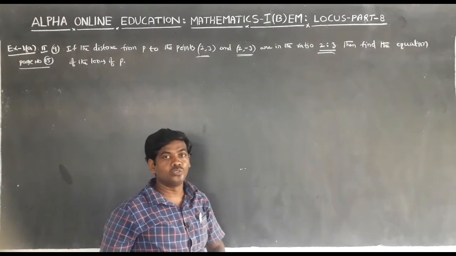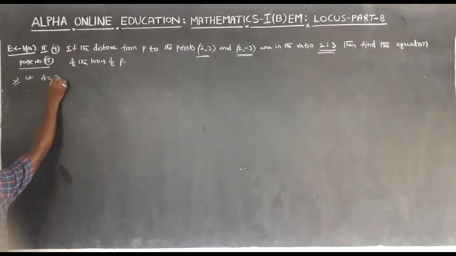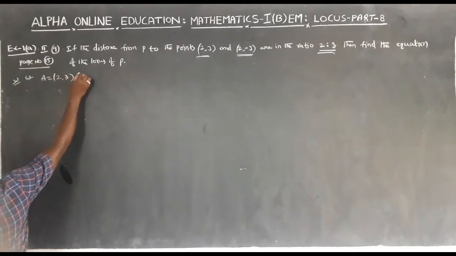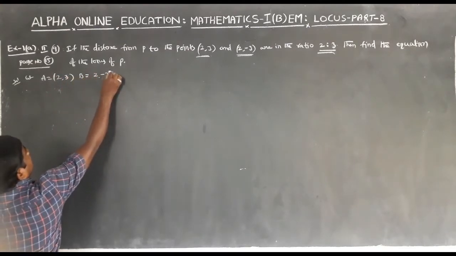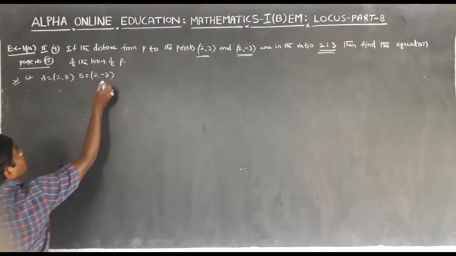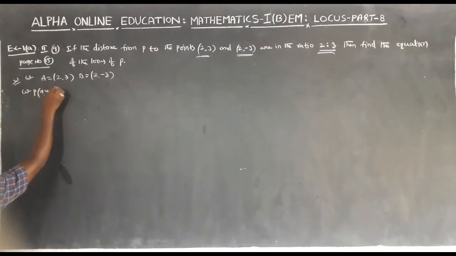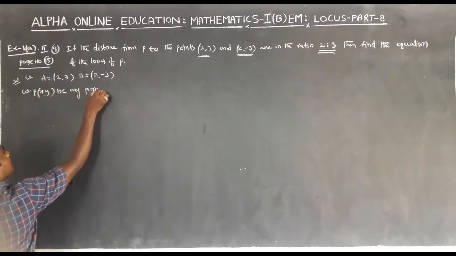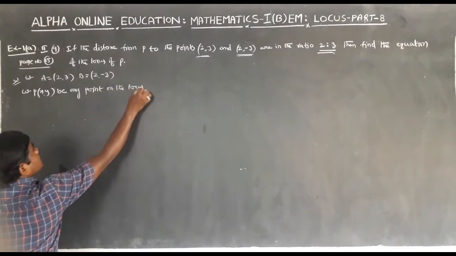the ratio 2:3. Here given points, let A equal (2, 3) and B equal (2, -3). Let P(x, y) be any point on the locus.